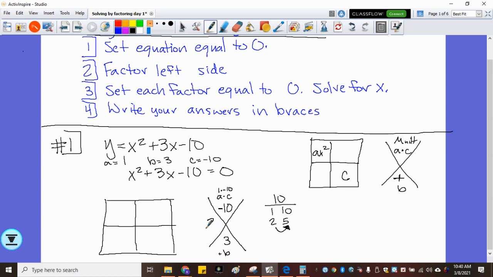2 and 5. So 2 times 5 gives me a positive 10. We want it to be a negative 10 and add to a positive number. So which of 2 or 5 has to be negative to add to a positive 3?